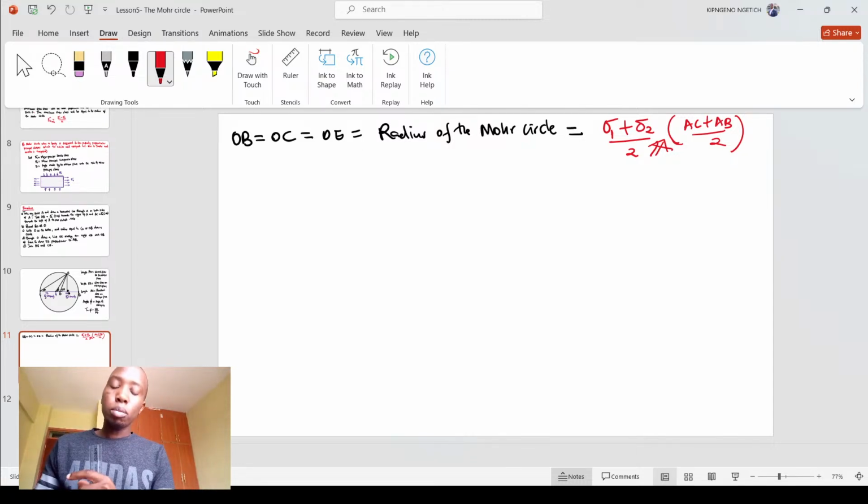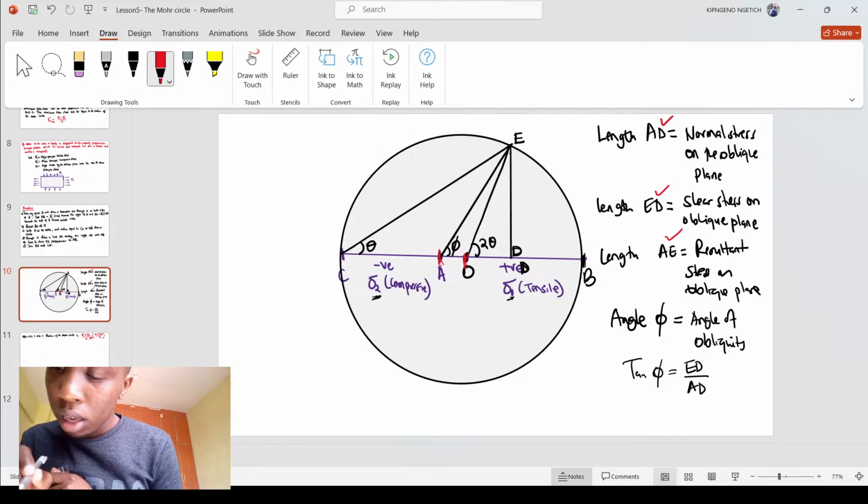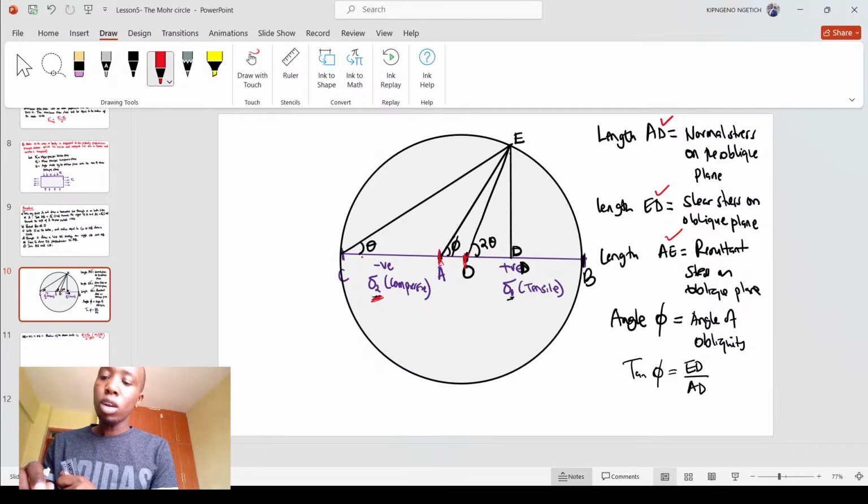Now, because we want at long last to obtain AD, ED, and AE, we now have OC. So the next one is to find OA. OA will be the radius minus stress 2. The radius minus the minor stress, or OC minus AC.